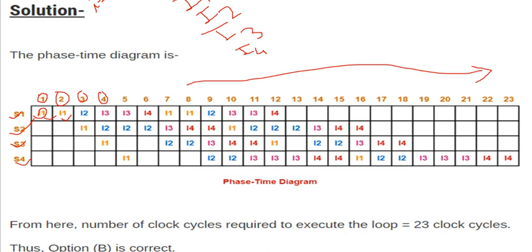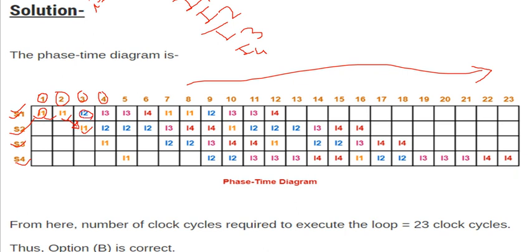After running I1 in clock 1 and clock 2, stage S1 will be freed. So now the instruction I1 will be processed by stage S2. At this time, in clock 3, stage S1 will be free.